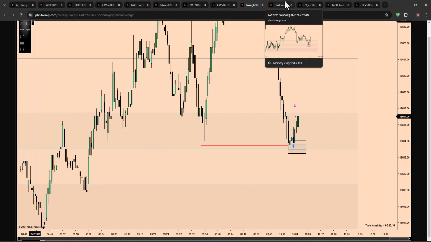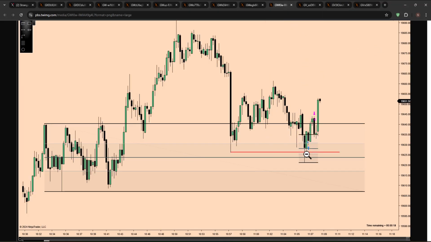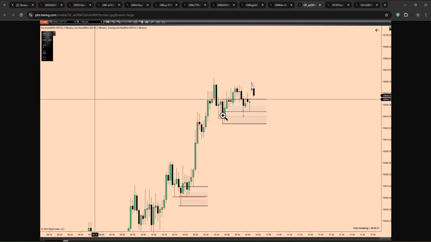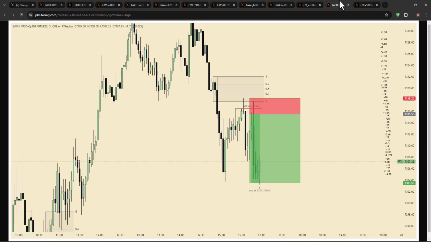Okay, so another one, pretty much all the same, right? Let's go on to another one. Same, this is the one responsible for the sweep, so I wait for it to get broken. It will get broken here. Price returned back into it and then traded to the upside.